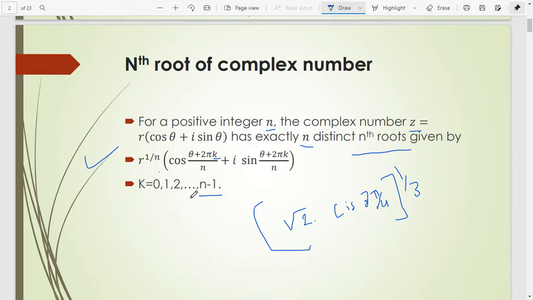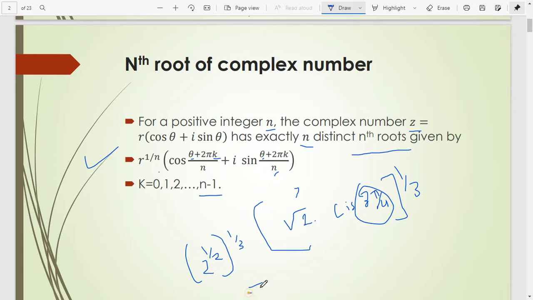So theta is 3 pi by 4. Put the value of theta and put the value of n. So n is equal to 3, r is equal to root 2, so r is equal to 1 by 2 raised to 1 by 3.